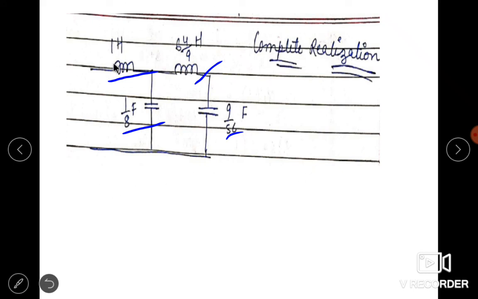You have to find it step by step. By solving these slides, you have to understand how we find the values of the inductor and capacitor which are placed in the ladder network.